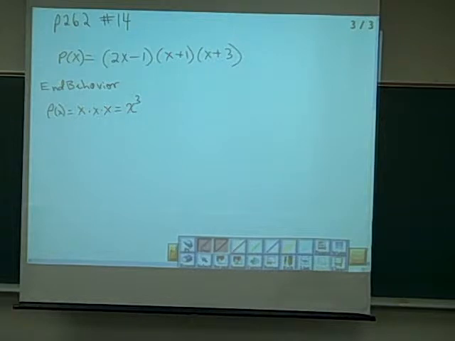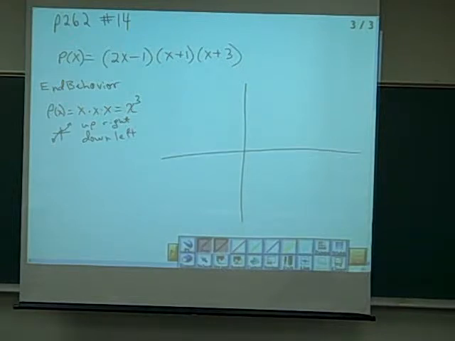Well, that means that our graph is going to behave like a positive x cubed. And positive x cubed, we said that goes up and to the right, down to the left. So that's how our graph is going to eventually end up.